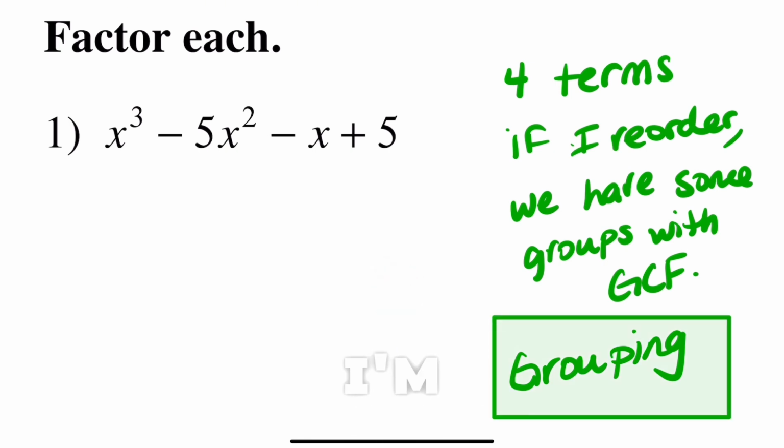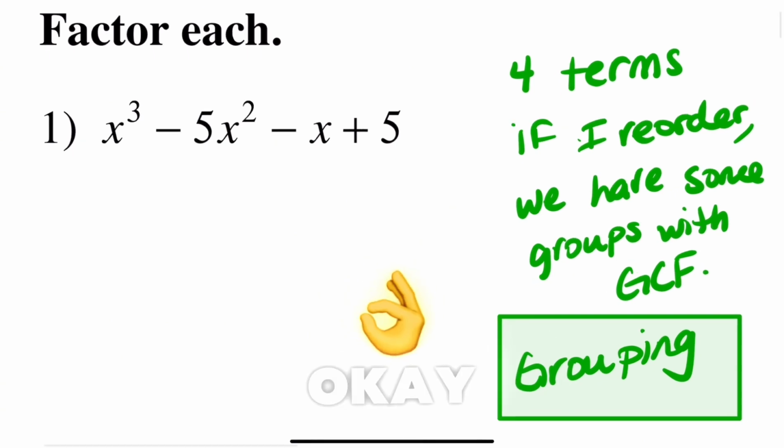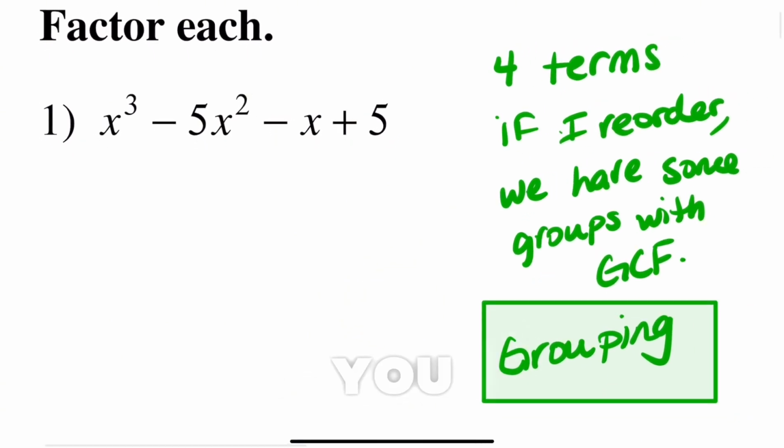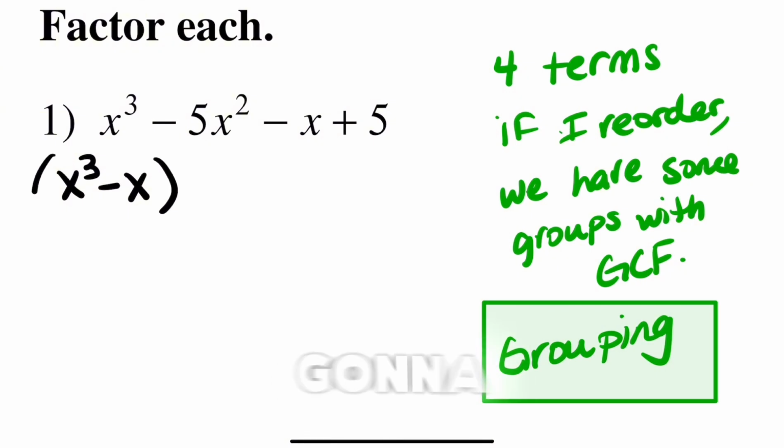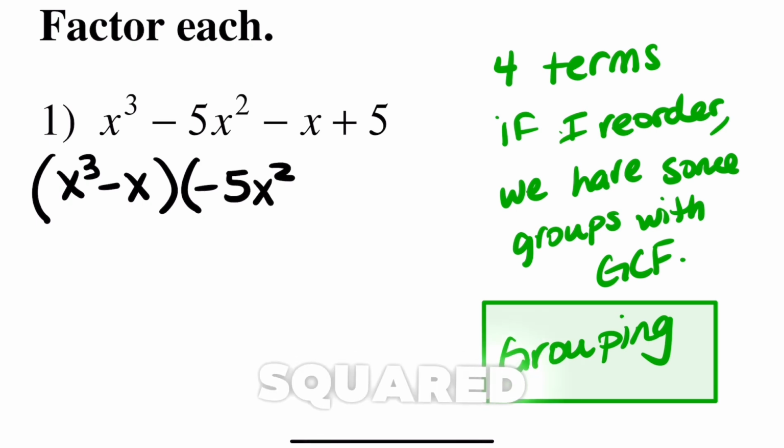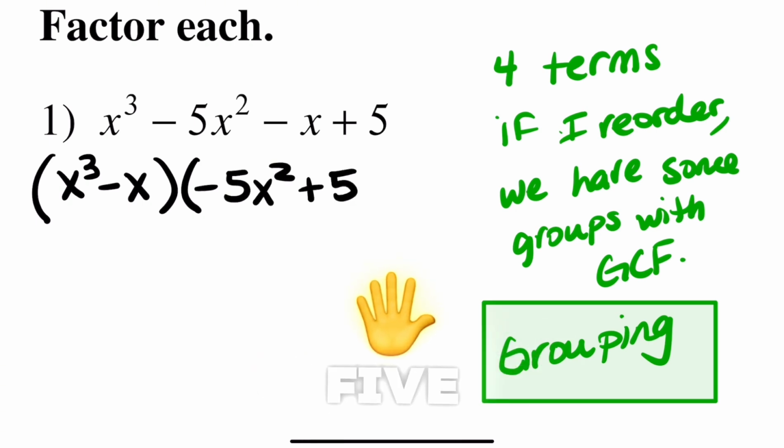So what I'm going to do is reorder the problem like I said. Again, you don't have to reorder, but I just like my odds better if I reorder. Okay, so we have x cubed minus x. I'm going to put those together, and then I'm going to put the negative 5x squared with the 5. Okay, so now I have 2 groups.